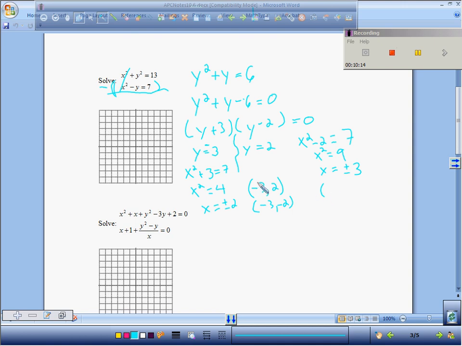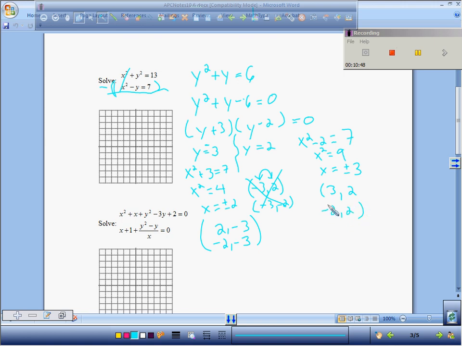Whoops, I'm going the wrong way. I'm finding x, not y, right? So those should be flipped. Good? So these points, that's wrong. It should be 2, negative 3, and negative 2, negative 3, right? And then over here, you should have the points 3, comma 2, and negative 3, comma 2.